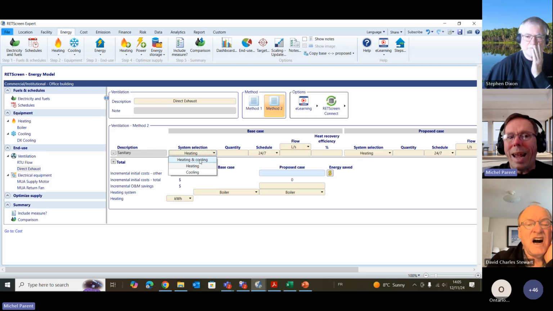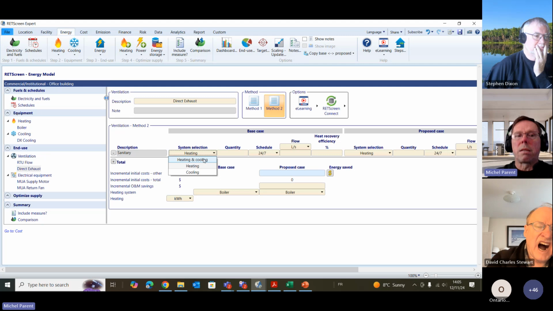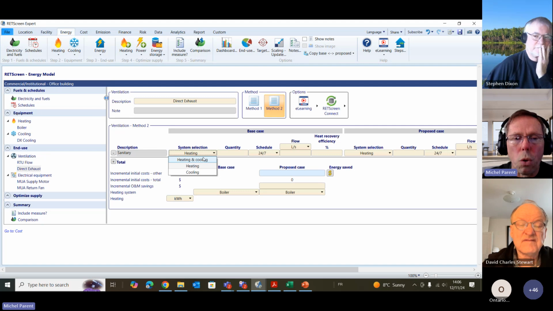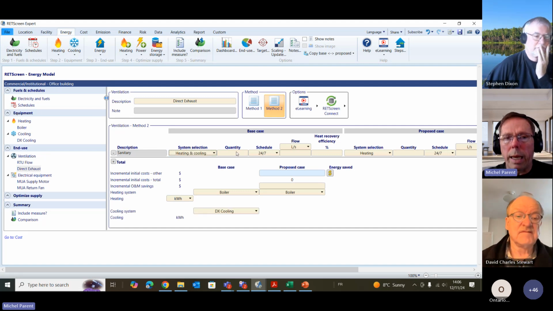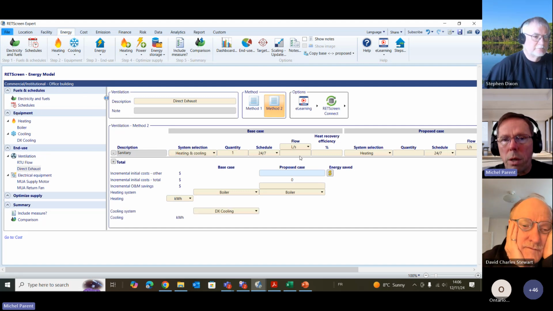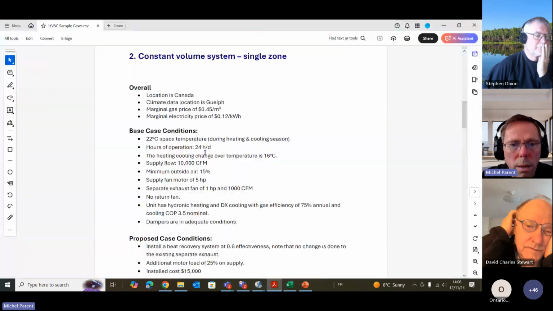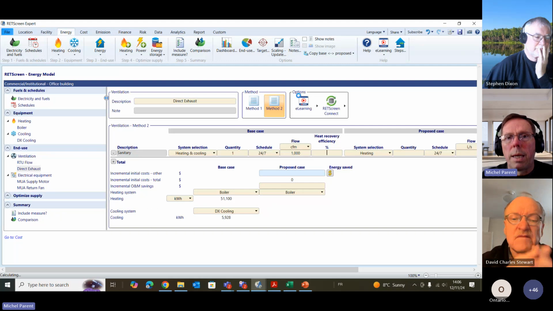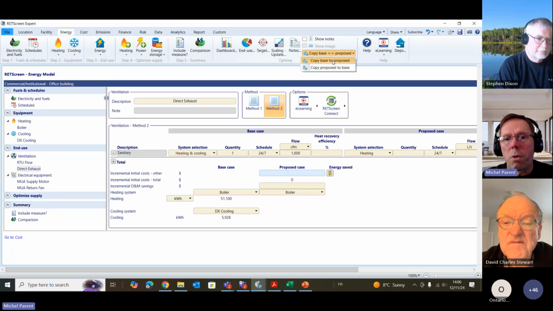And the air that's exhausted, I know that the exhaust doesn't have heating and cooling, but the air that it's exhausting is heated and cooled. So I do still select heating and cooling, and I've got one unit, and that unit, if I read it properly, has 1,000 CFM. Then you go copy paste proposed.